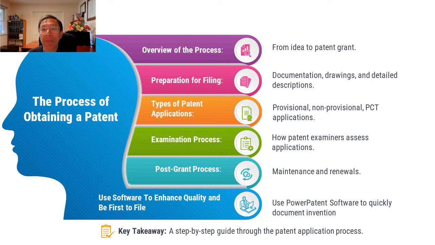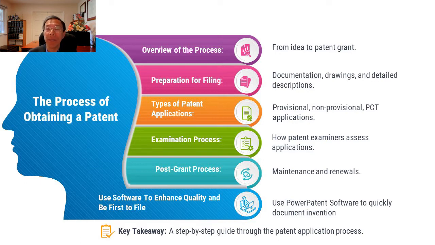The PCT application is for companies that are well-funded and interested in seeking international coverage. The PCT application can be done either upfront or within 12 months of the first application filing. And if you do that within the 12-month basis, you can claim the priority date, stretching back to that 1 year.